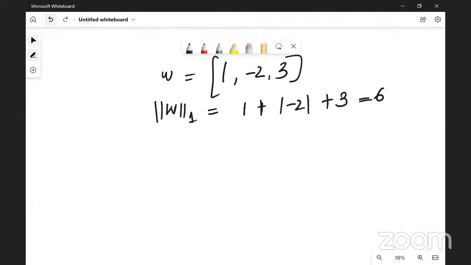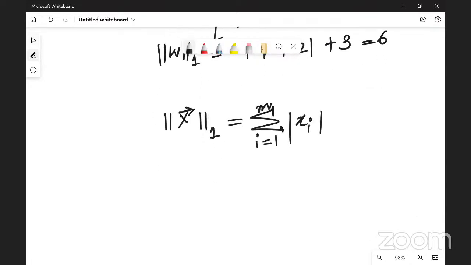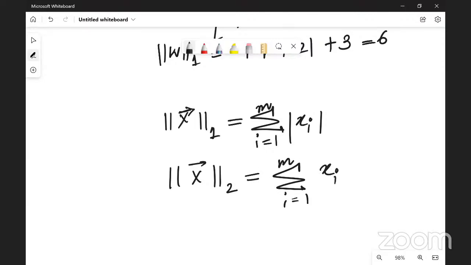The first norm of any vector, let's say X, is defined as sigma of mod of xi, the individual components of the vector, for i equal to 1 to m, assuming that it has m components. The second norm of any vector is defined as the sum over i equal to 1 to m of xi square, and then the square root.